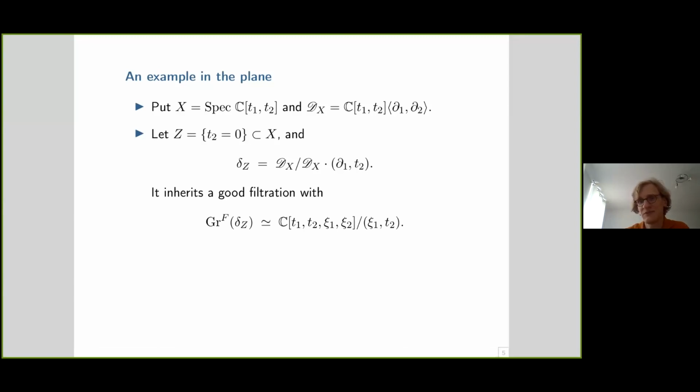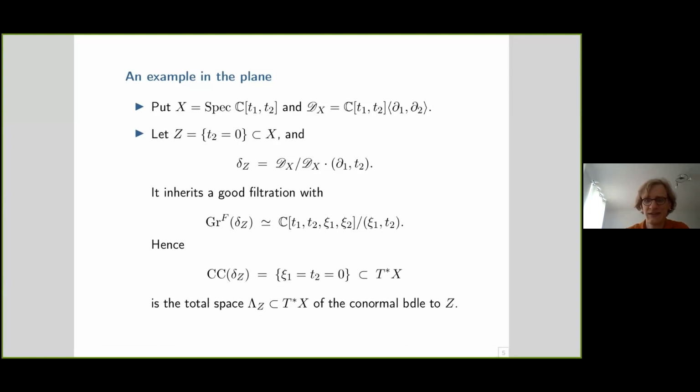Again, this inherits a good filtration from dx, and if you take the graded objects, you see that the characteristic cycle is the vanishing locus of psi1 and T2, which geometrically is the total space of the conormal bundle to this T1 axis.